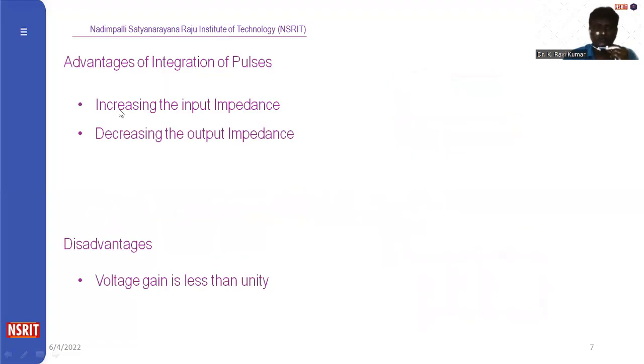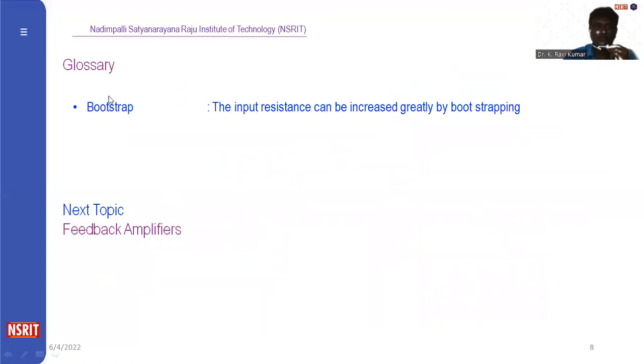The advantages are increasing the input impedance as well as decreasing the output impedance, and the disadvantage is that the voltage gain is less than unity. Actually, what is a bootstrap? The input resistance can be increased greatly by bootstrapping, pulling the input resistance to the output.